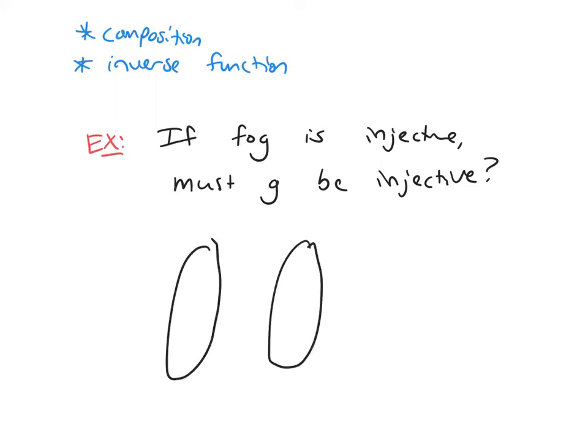So here I'm looking at a composition, A to B to C. And this first one will be my function f, the second one will be my function g, and I want the overall function, the composition, to be injective. So maybe let's pick some elements here.